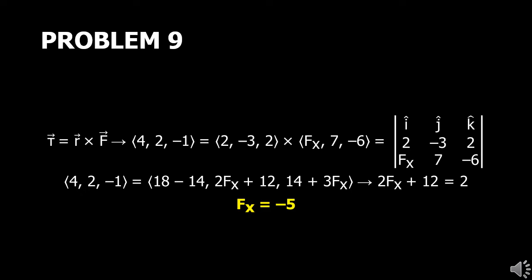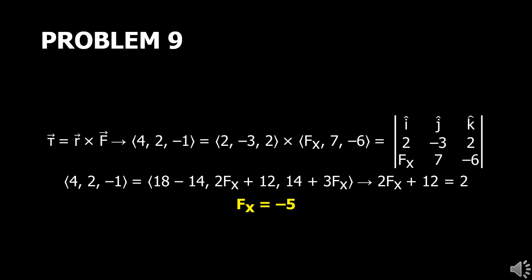So, for example, para makuha natin yung value ng 4, i-cross natin yung j and k. So, negative 3 and negative 6, that will give us 18. And 7 times 2 will give us 14.